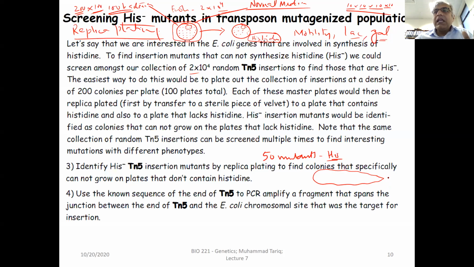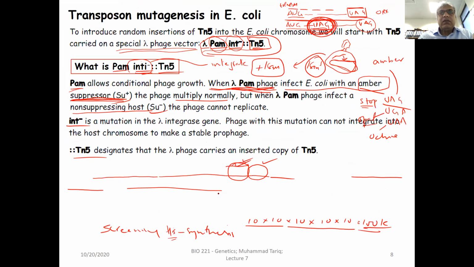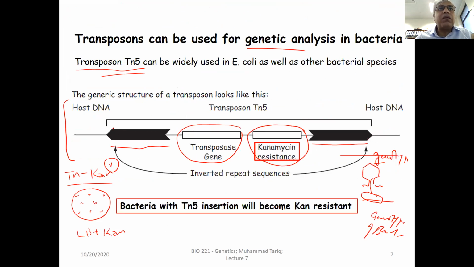If this is the bacterial genome, simply by doing PCR, and you remember we talked about PCR in flies as well, we called it inverse PCR. We know the sequence of Tn5. We know the sequence of the inverted repeats, this one and this one.